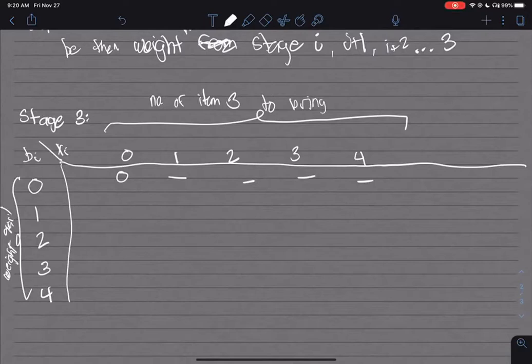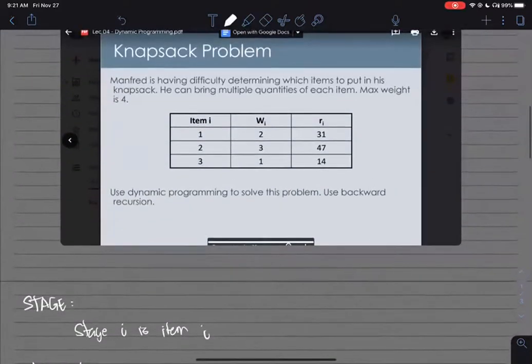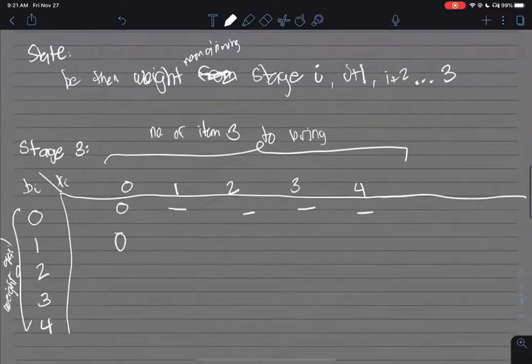Yes, I can bring 0 items of item 3, or I can choose not to bring an item 3. Carlos, if I bring 0 items of item 3, what will be the reward points equivalent? 0 po. Correct. Aaron, if I have 1 unit weight, can I bring 1 item 3?